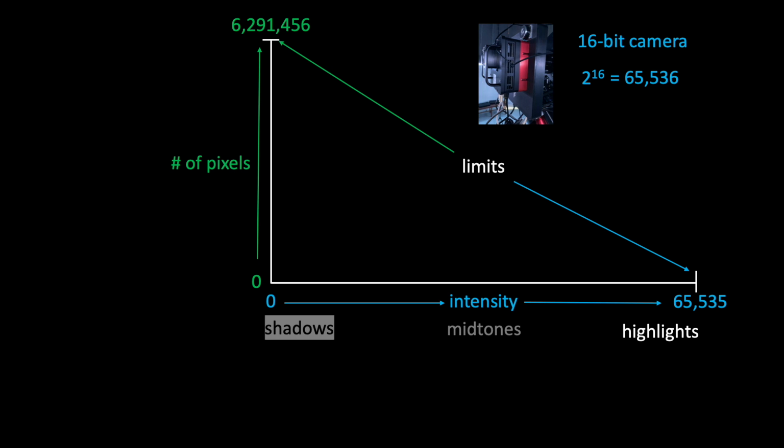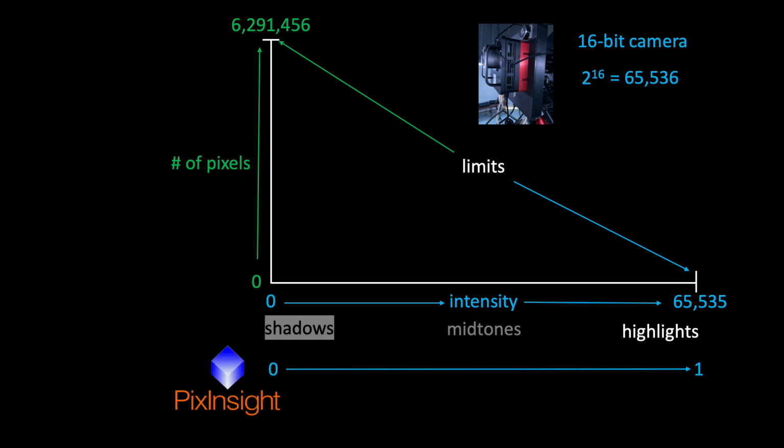When PixInsight takes a FITS image and puts it into its own format, it scales down the intensities so that black is 0 and white is 1. So if we did have a pixel or a couple pixels that were 65,535, PixInsight would say that's 1, black would be 0, and then everything else would be in between 0 and 1.